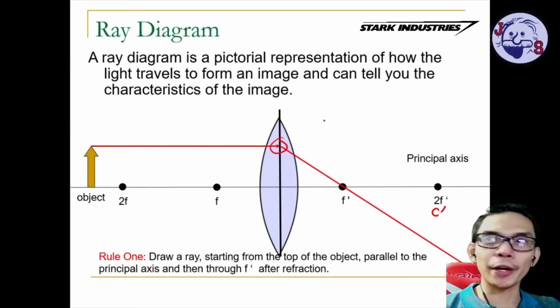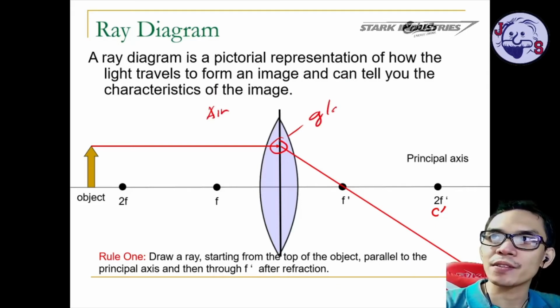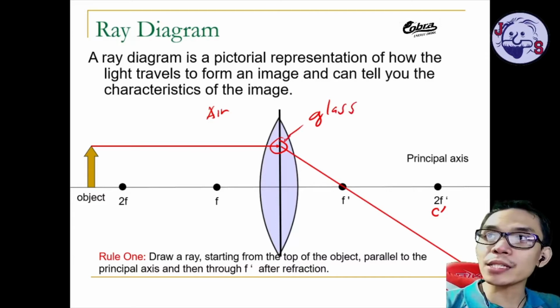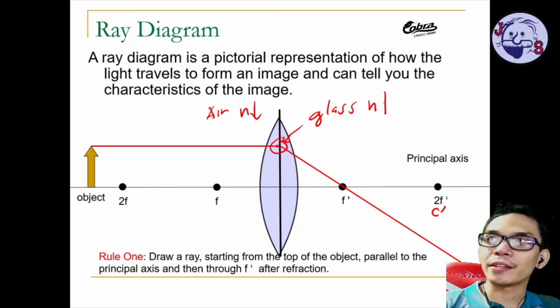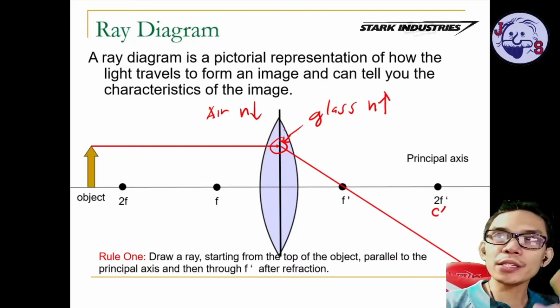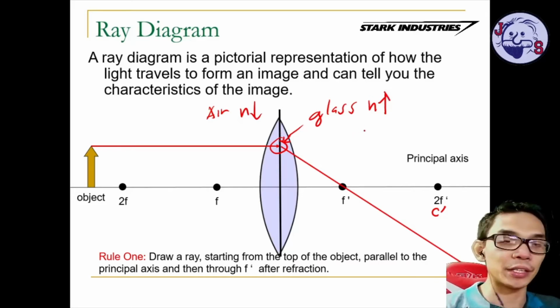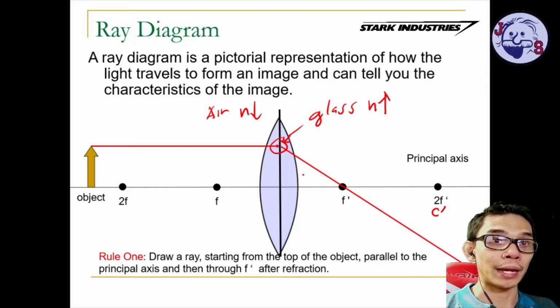Remember, this is air and this is glass. Remember that glass has higher index of refraction than your air. Since your air has lower index of refraction and the glass has higher index of refraction, the light will bend towards the normal line.